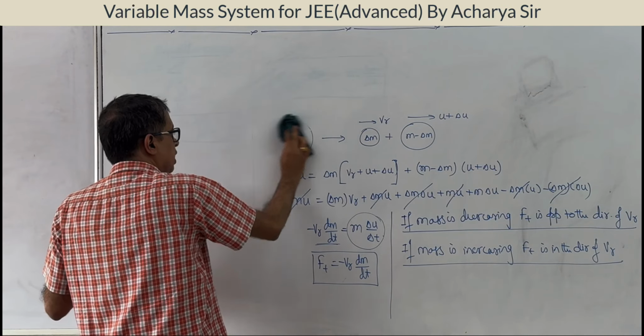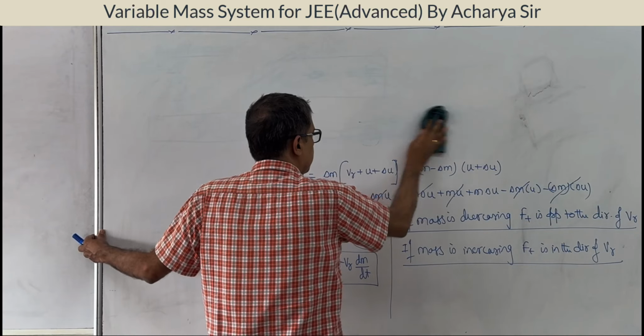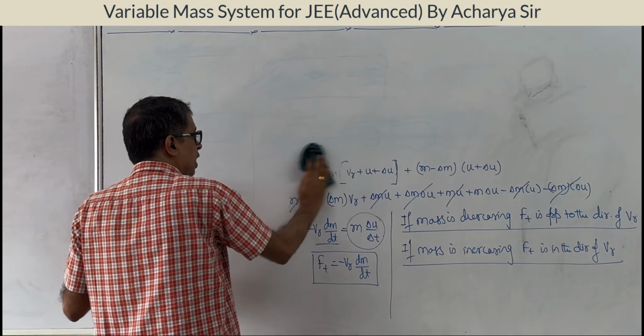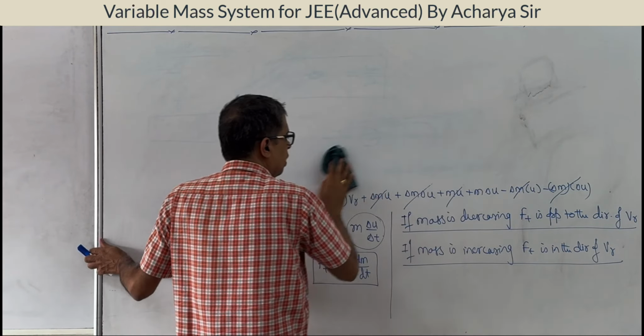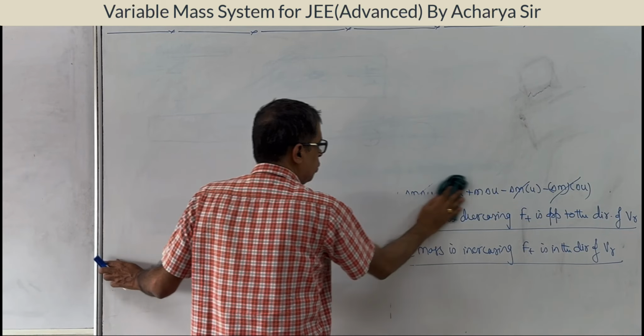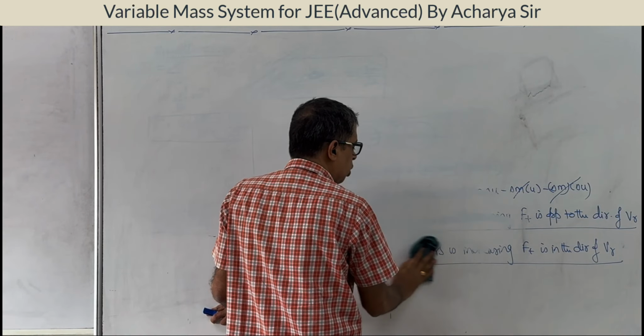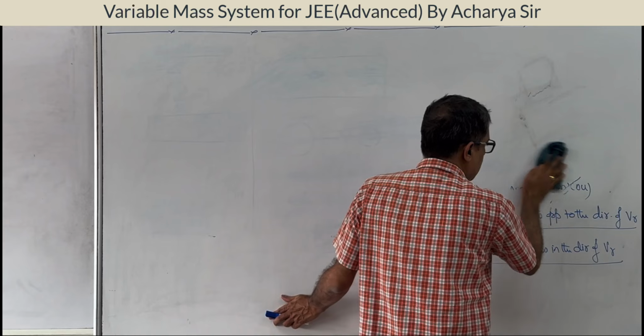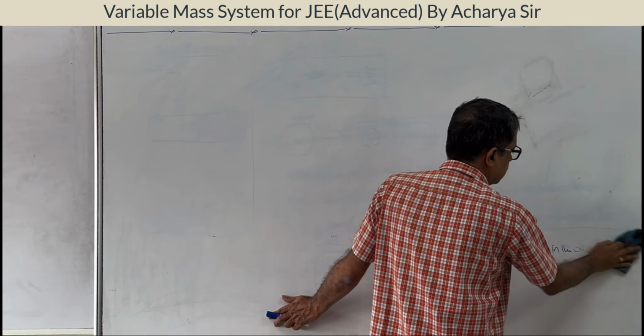So, in general, whenever you are involving a problem where the mass is changing, mass is varying, that too continuously, you will add along with all the existing forces one more force called thrust force.